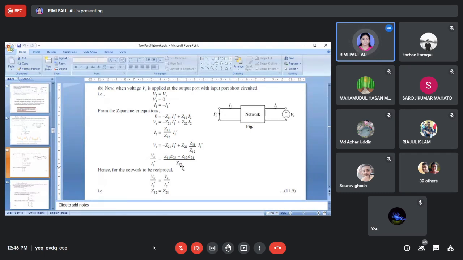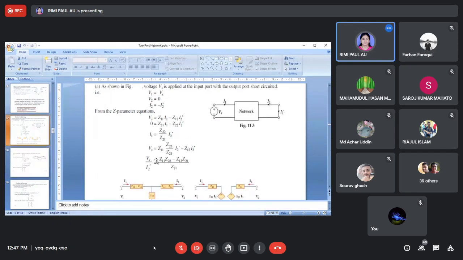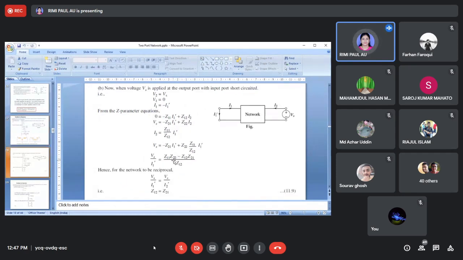Now our target is to show under what condition this network is reciprocal. For it to be reciprocal, Vs by I1 prime must equal Vs by I2 prime. That condition we have to maintain. So what is the difference in the two equations? The numerator terms are the same in both cases: Z11 Z22 minus Z12 Z21.